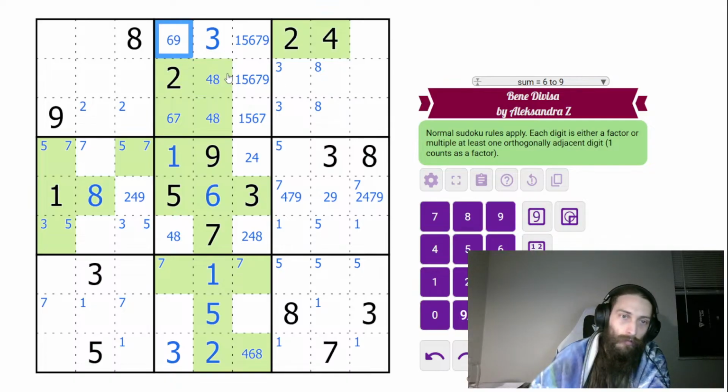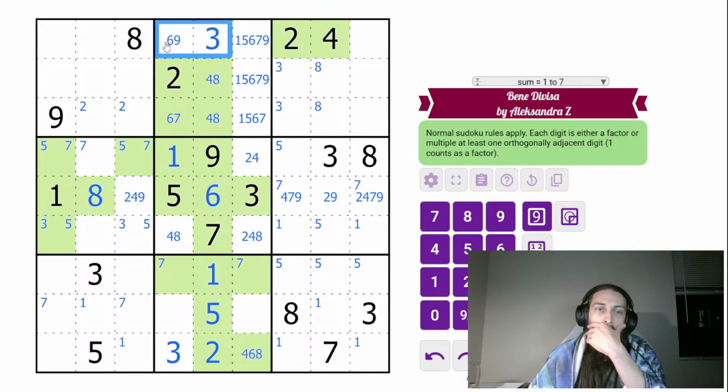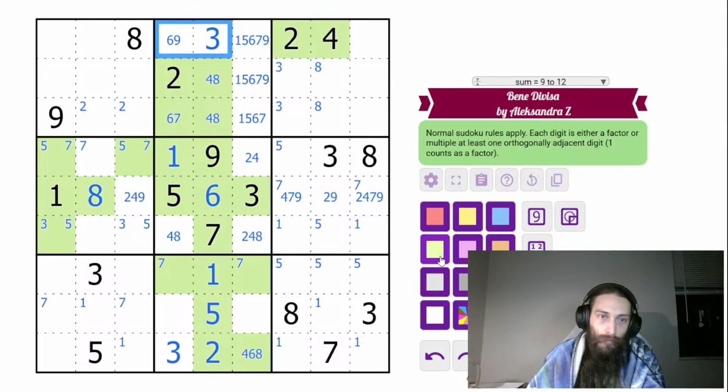This obviously isn't a 7. It doesn't have a neighbor that's a 1. Now those two are multiples of 3, so they're good to go.